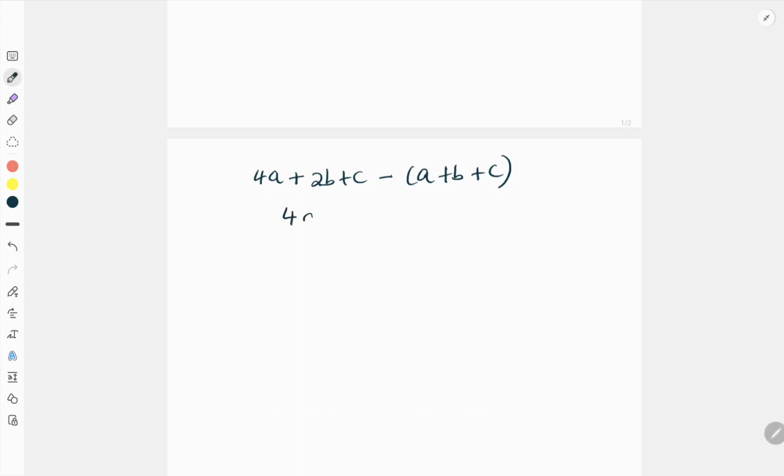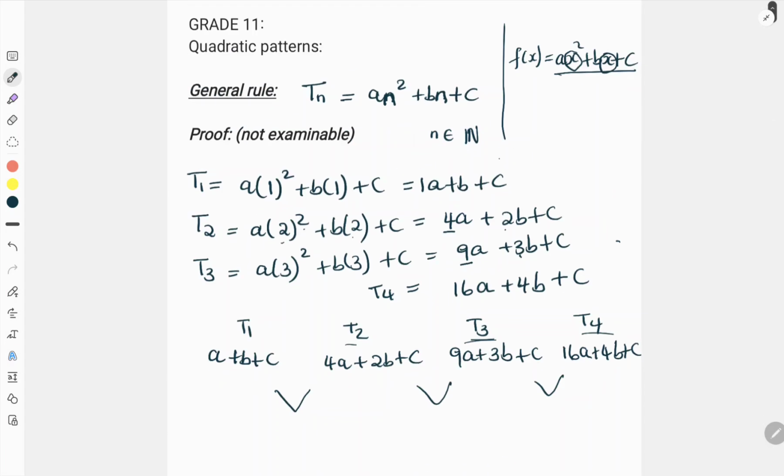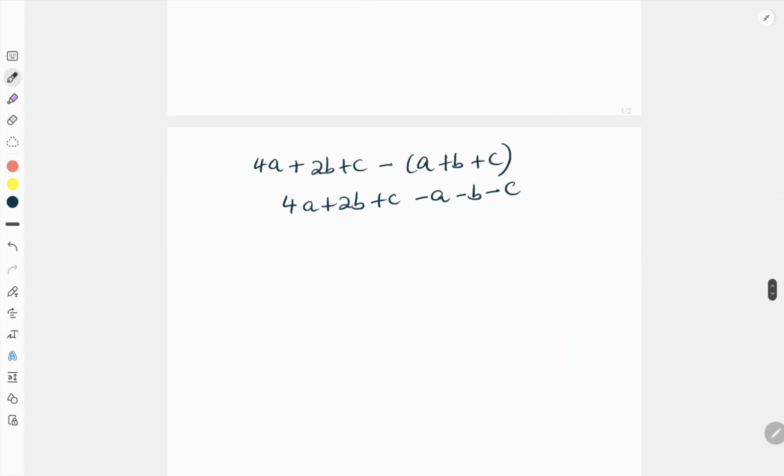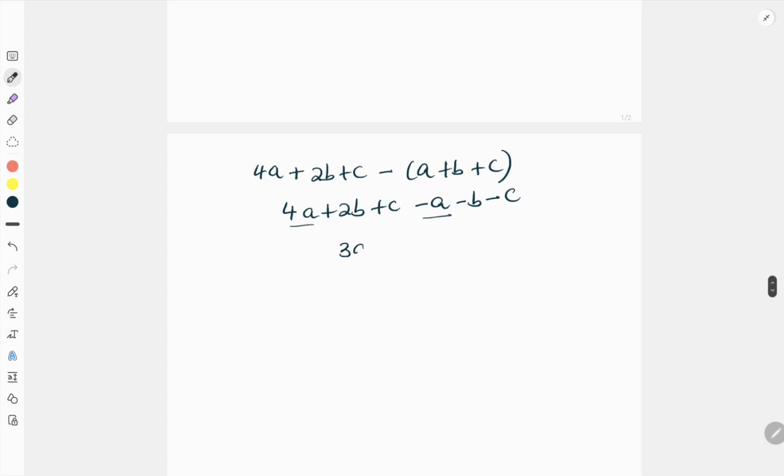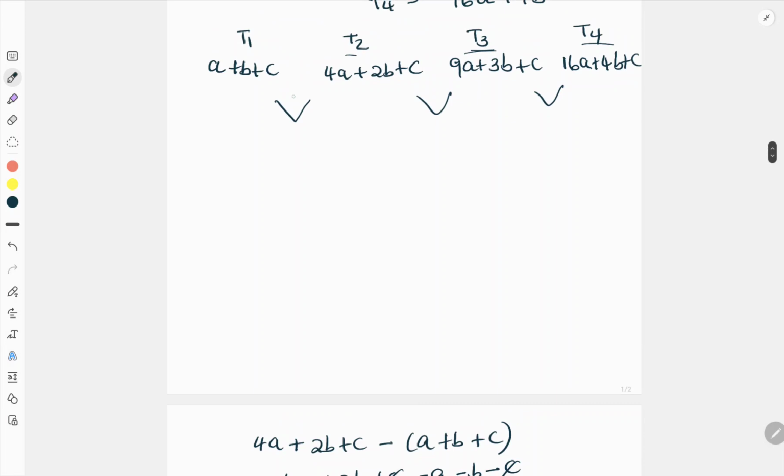So it's going to be 4a plus 2b plus c minus a minus b minus c. The sign changes, sorry. Then it's going to be 4a minus a, it will give you 3a. Then 2b minus b will give you plus b. Then the c will cancel the c. Then it means the first difference will be 3a plus b.